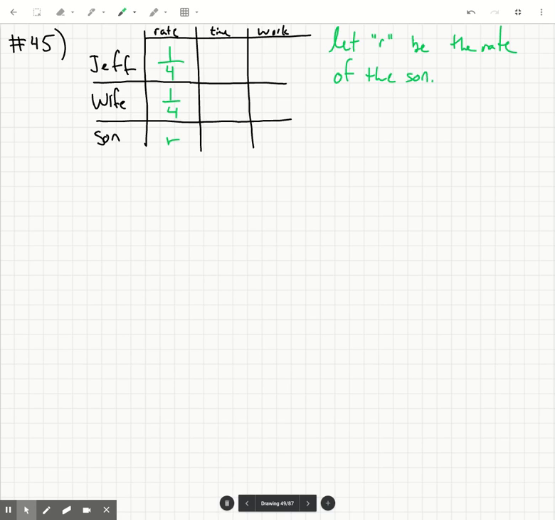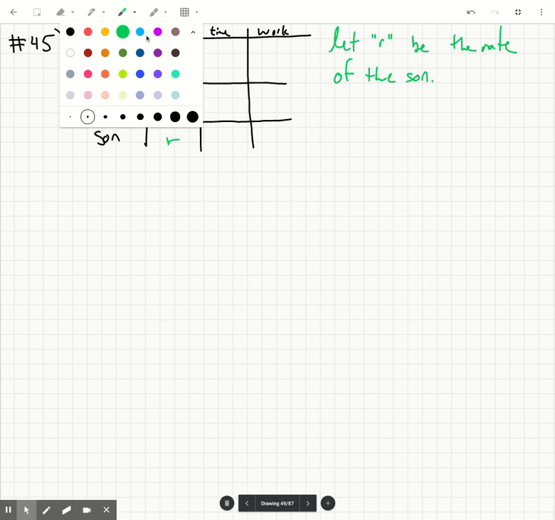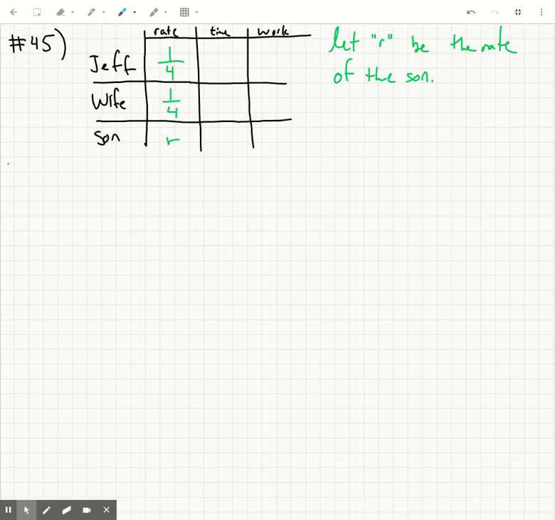Okay, so we've established that. Let's talk about how much is remaining before the son joins them. So I'm just going to make a side note here, remaining. They work for an hour together, so they're going to work 1 times 1/4, 1 times 1/4.